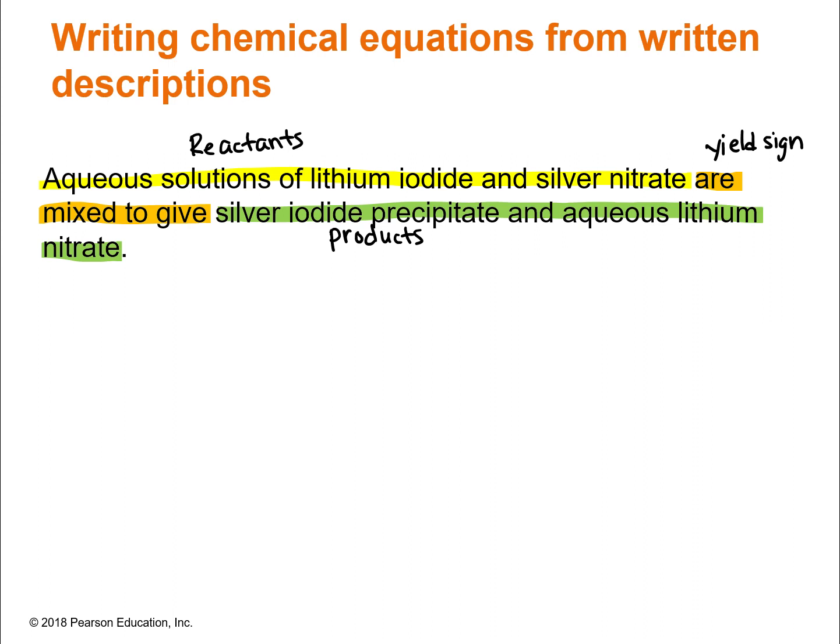Now we write it out. We've got aqueous solutions of lithium iodide and silver nitrate. That's that. Our "mixed to give," I'm going to draw my yield sign. Silver iodide precipitate. That just means that it's solid.